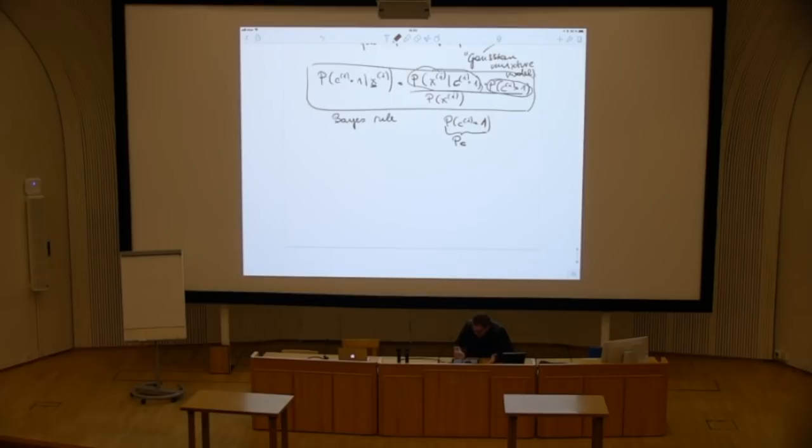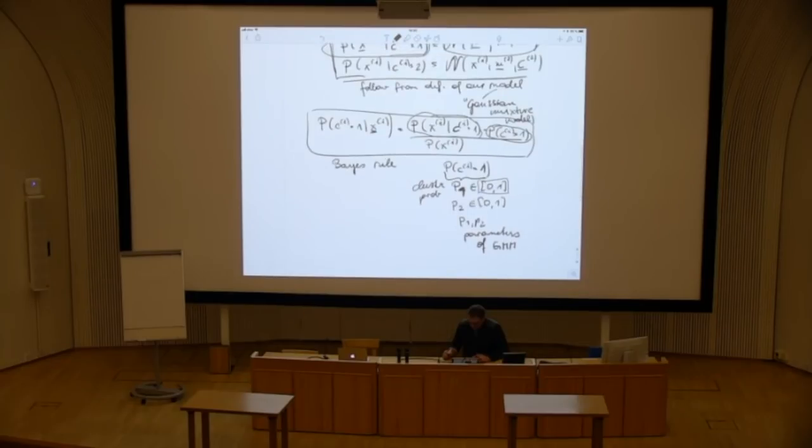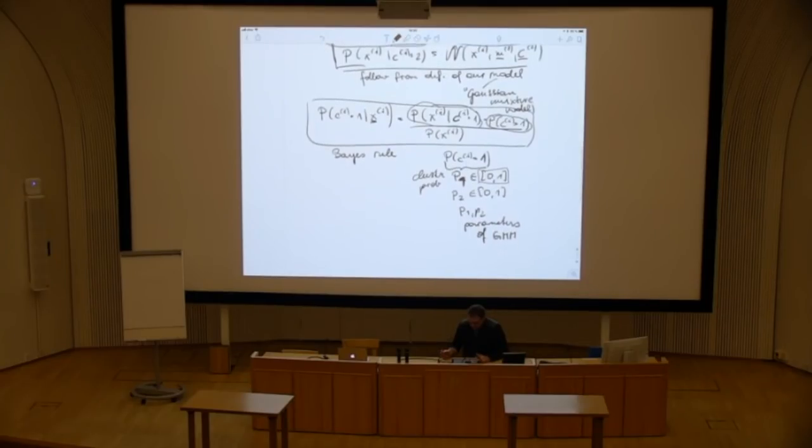We call it cluster probability, let's say P1, which is between 0 and 1. And there's a cluster probability for the other cluster, P2, which is also between 0 and 1. They have to sum to 1. So P1 and P2 are also parameters of the Gaussian mixture model. Okay, so what do we do?